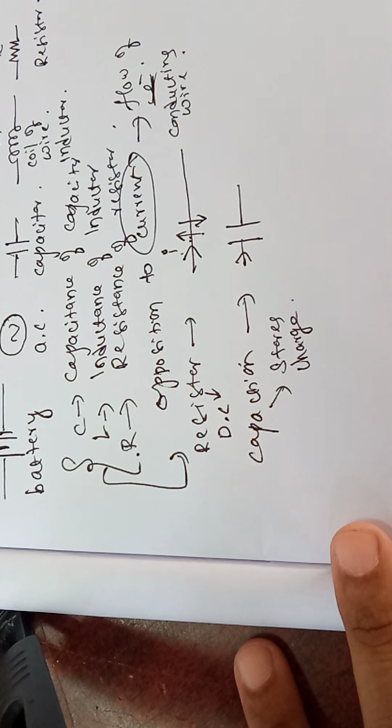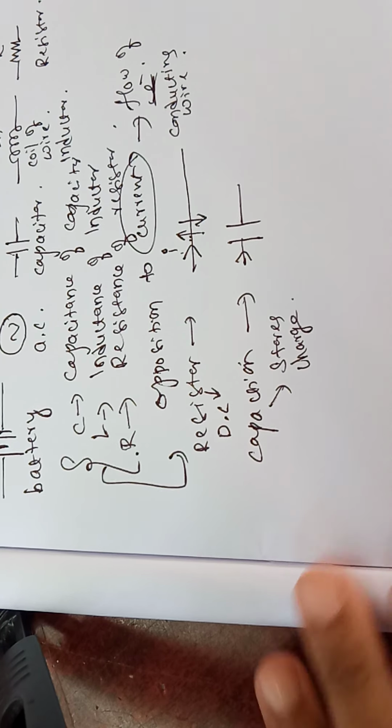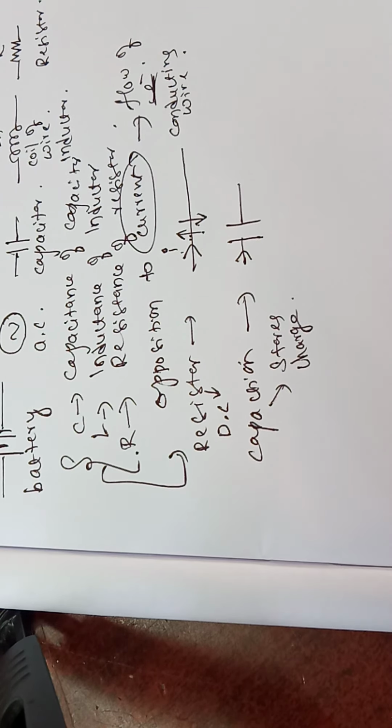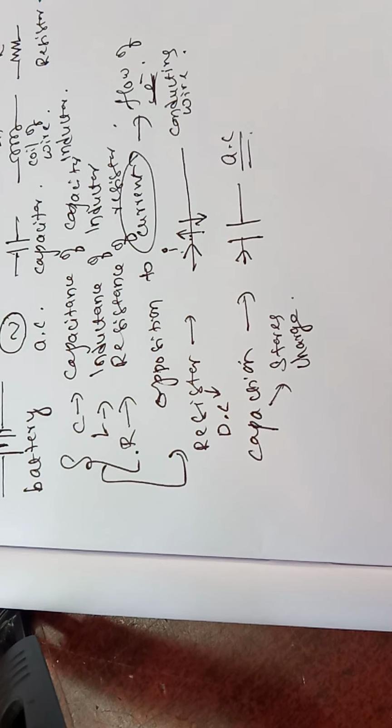When it has stored sufficient charge, depending on its capacity, the remaining current is sent through the circuit. In such a way, the capacitor opposes AC current.